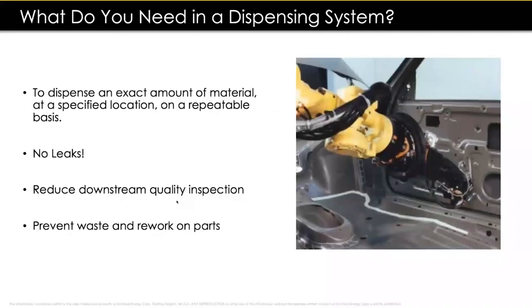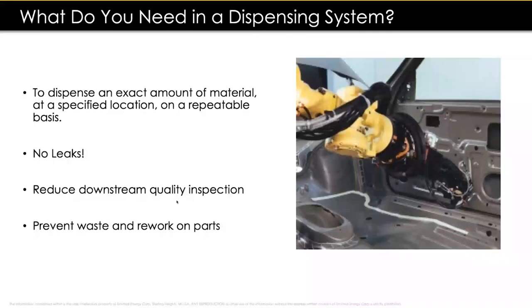Having that background of what it is, let's talk about some of the things we've seen out in the industry and field. What do you need in a dispensing system? I'm sure you all would agree that we want to dispense an exact amount of material at a specified location on a very repeatable basis.